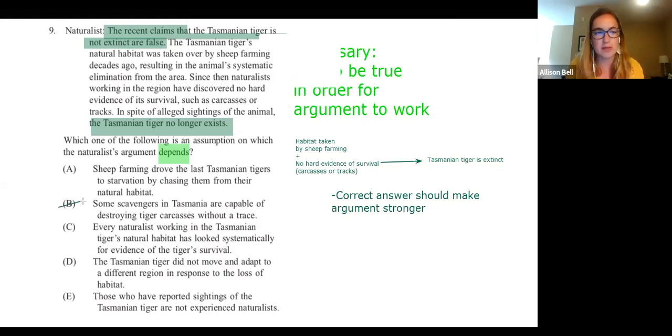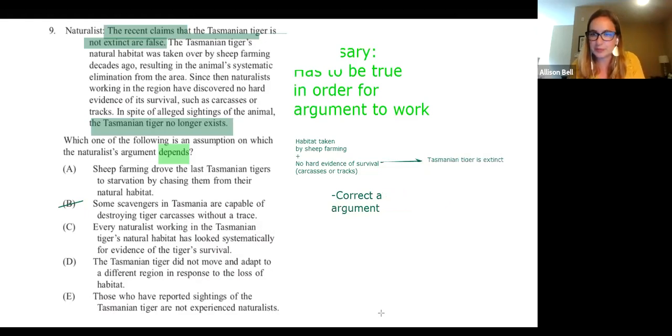So I would eliminate B as something that would potentially hurt the argument. I'm not sure that C would actually hurt the argument. If everyone has looked systematically for evidence of the tiger's survival, then that sounds like they've looked really, really hard and they're still not finding this tiger, which makes it sound like maybe it's a little bit more likely that the tiger is indeed extinct.